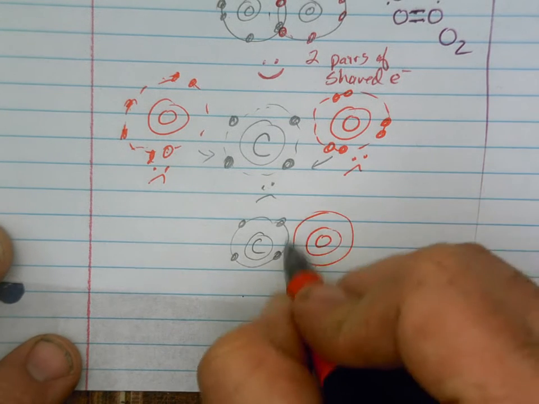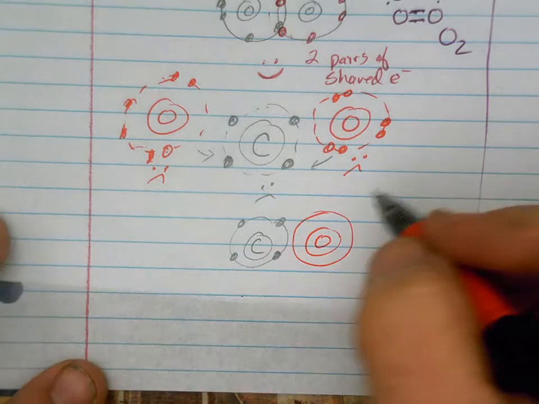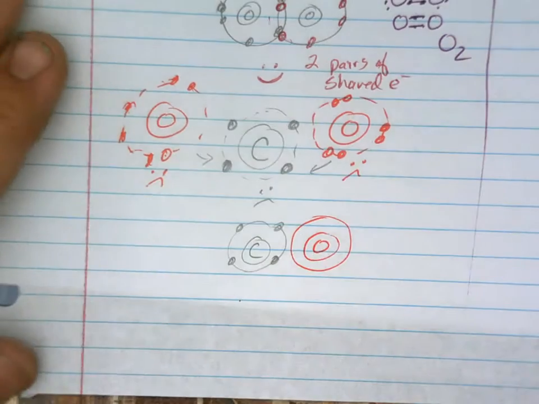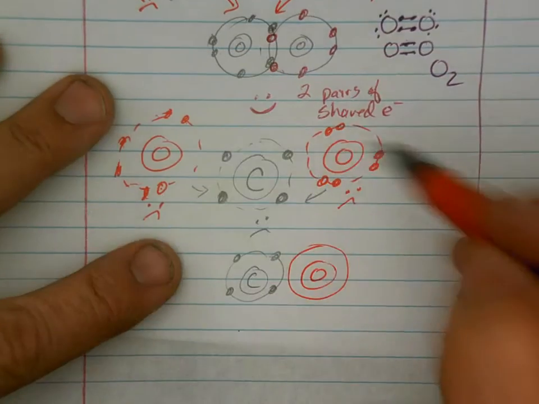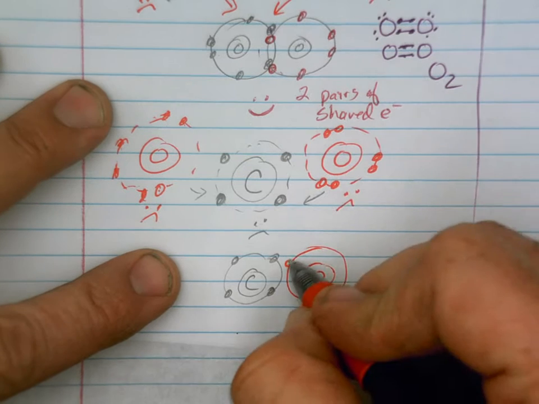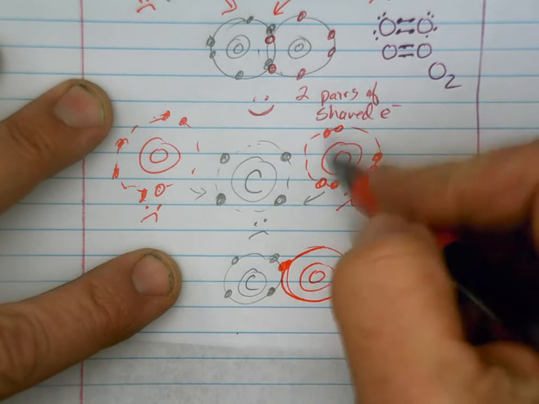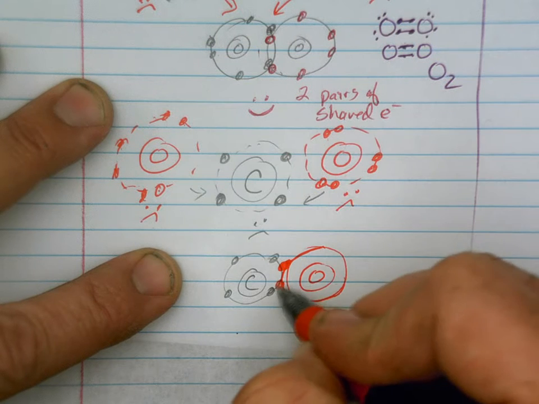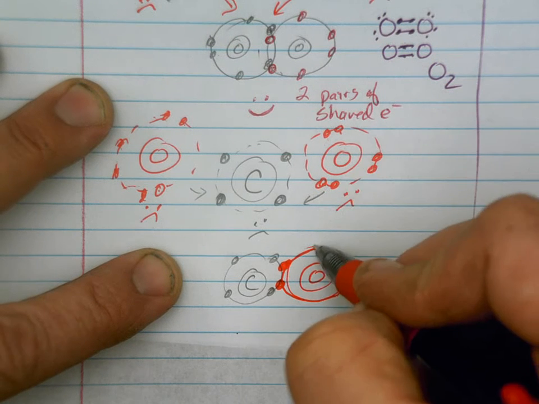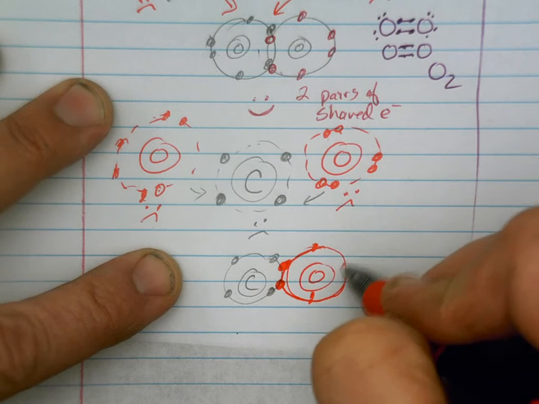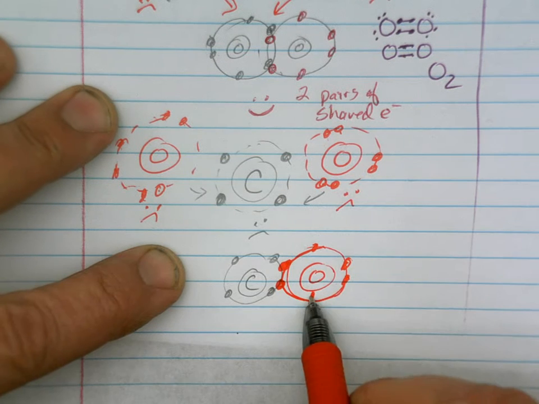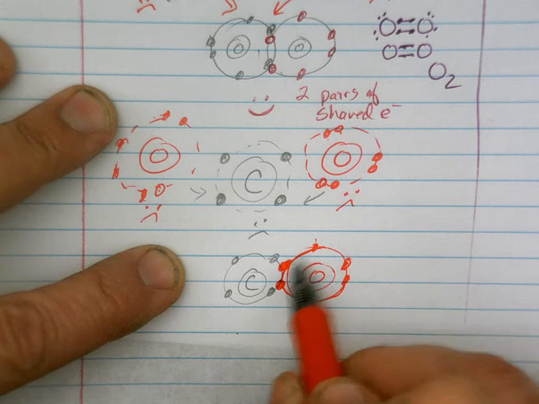Oh, I should have had that slightly overlapping, but okay, so now I'm going to take, once again, this electron right there. I'm going to put it really close. In fact, I'm going to kind of make my line go like that. There we go. So like that. And then this electron I'm going to put right there. Then we've got this one and this one, and we got 2 more. Now let me make sure. This oxygen has 1, 2, 3, 4, 5, 6 electrons.